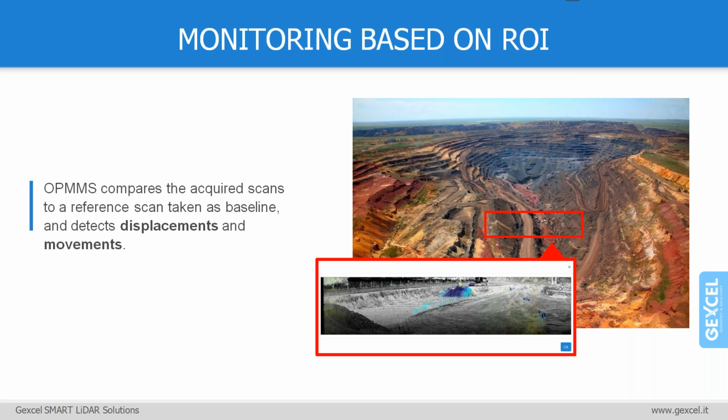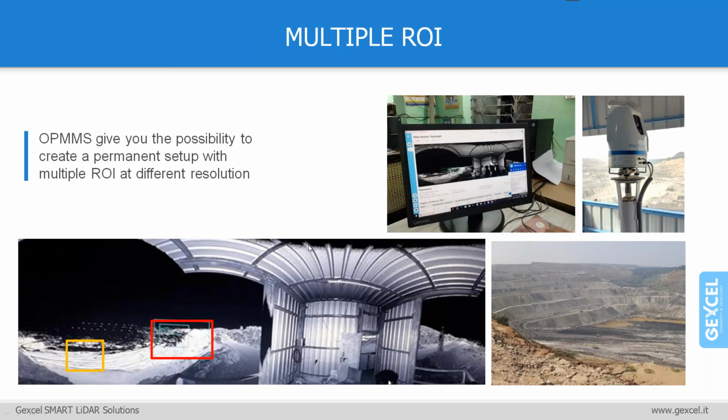All the further displacements and surface movements will be calculated based on the reference ROI. But that's not all. OPMMS supports multiple regions of interest, so multiple areas can be under control. We will see later, together with Antu, that in the same scan, it is possible to define more ROIs to keep under control.